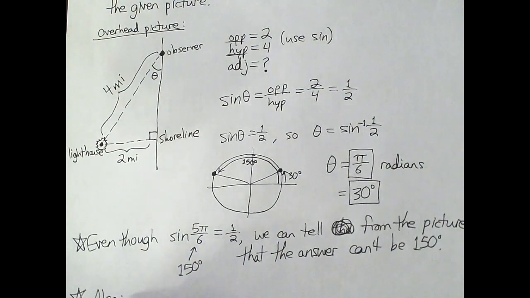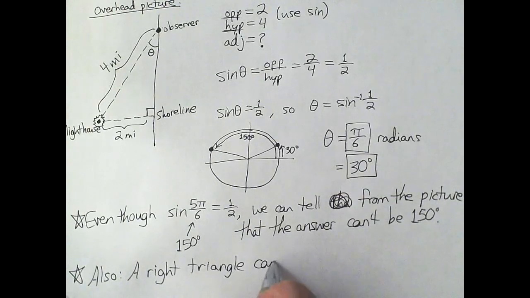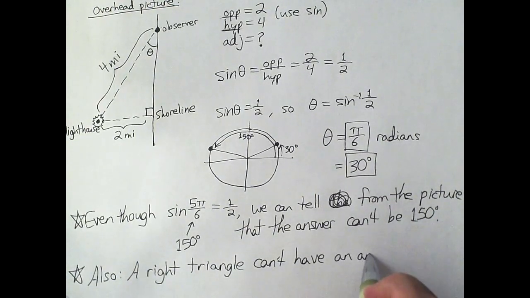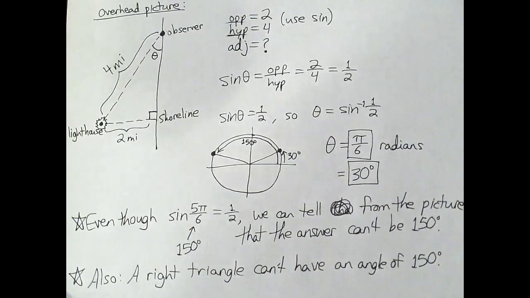Also, even without the picture, a right triangle can't have an angle of 150 degrees. Can you see why a right triangle can never have a 150-degree angle?